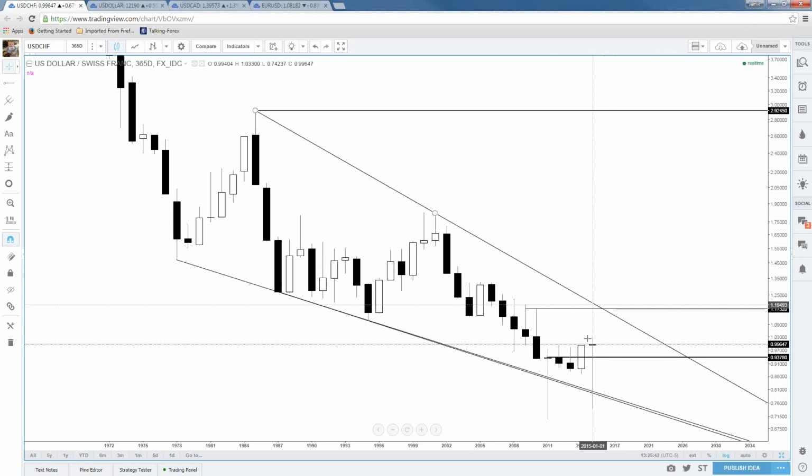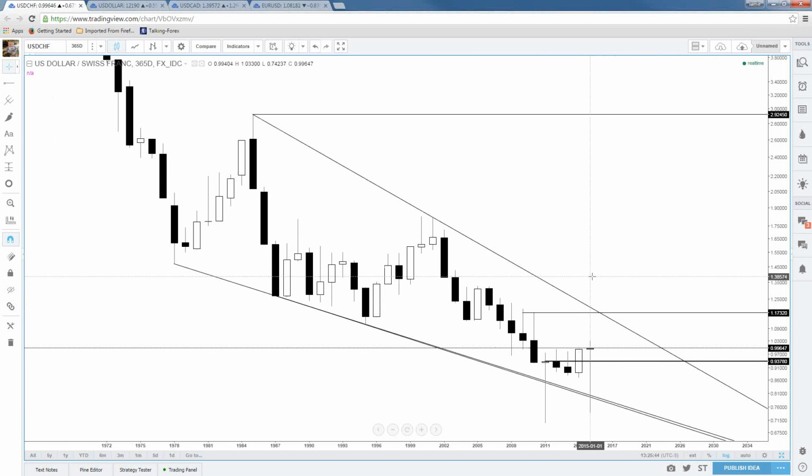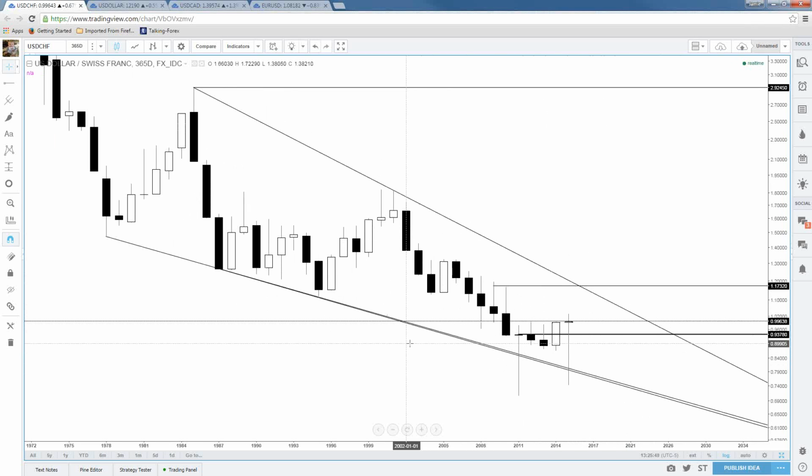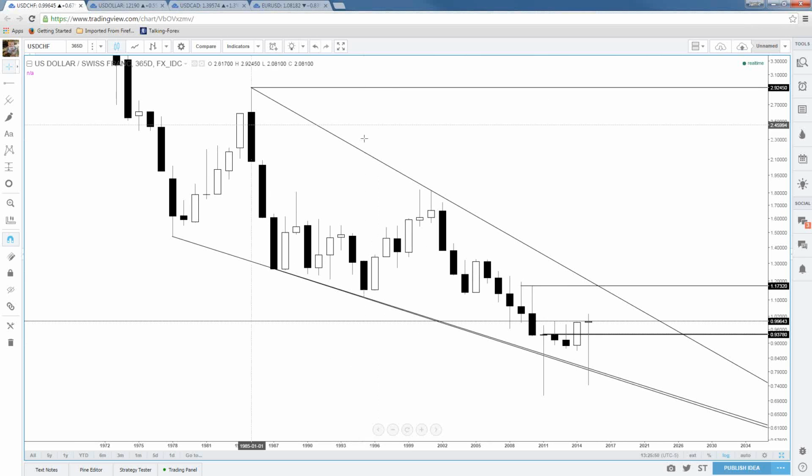So that's what we'd be looking at. That's the long-term picture of dollar Swiss. Probably the most interesting one. I guess if you combined these two charts, dollar Swiss and this huge low that appears to be trying to form or has formed, and you look at dollar yen, which is at that massive long-term trend line, then Swiss yen short might be the trade of a lifetime.